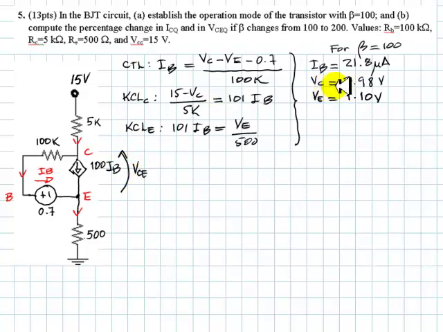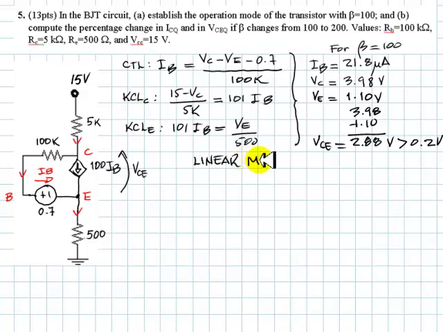VCE is 3.98 minus 1.1. VCE is 2.88 volts, which is greater than 0.2, so that signifies the transistor is in its linear mode of operation, and that answers the first part of the question. Linear mode of operation. The base current is positive and VCE is greater than 0.2 volts.